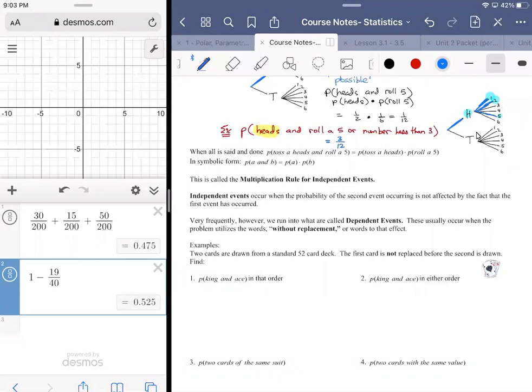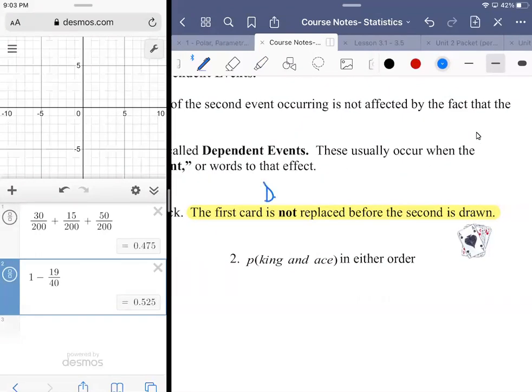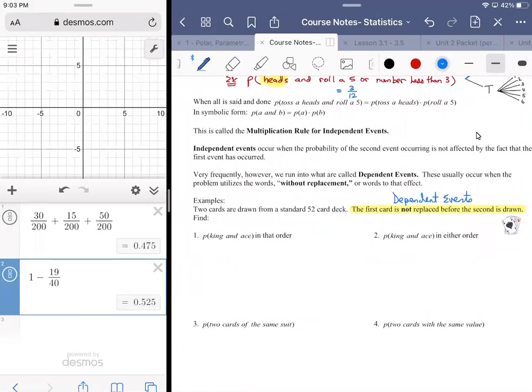All right, so 2 cards are drawn from a standard 52 card deck. The first card is not replaced before the second is drawn. That part of the phrasing of the question makes it dependent events. That one little statement makes it dependent events, because after one card is selected from the deck, I will no longer have 52 cards in the deck.